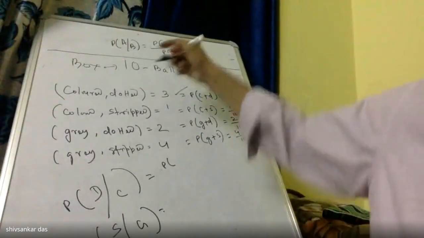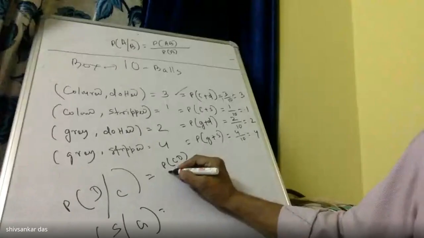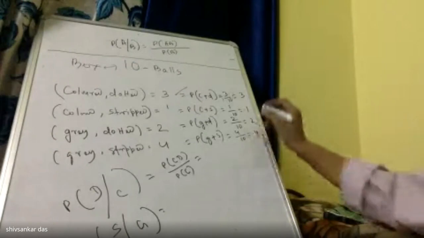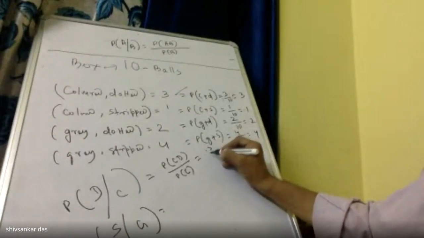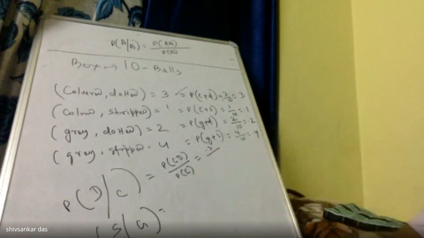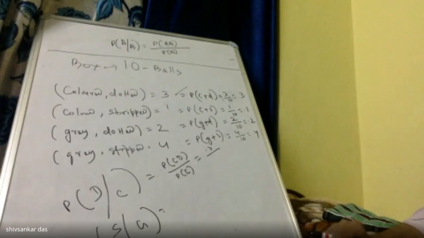Probability of DC, that is CD, 0.3, by probability of C. The probability of CD is 0.3. And the probability of C, colored? Who can say? Sir, probability colored, 0.4.